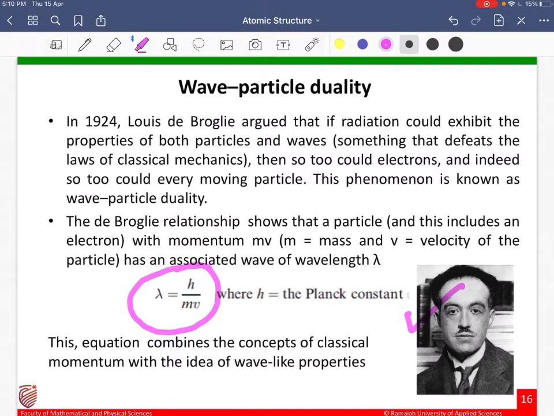This equation combines the concept of classical momentum with the idea of wave-like properties, and so we have begun to move towards quantum mechanics and away from classical mechanics. Let us see what this means for the behavior of electrons in atoms. Quantization is the packaging of quantity into units of discrete size. This point you should remember.